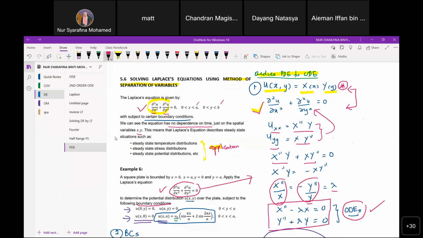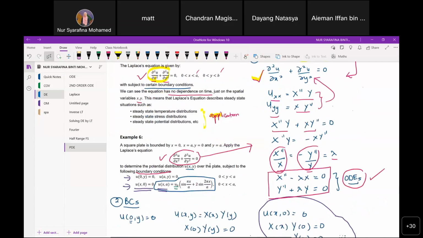Okay. Once you reduce, proceed to the next step where we have to have the boundary condition for the ODE. The given condition here is u(0,y), which means that x is 0. We substitute this x into our expected solution.